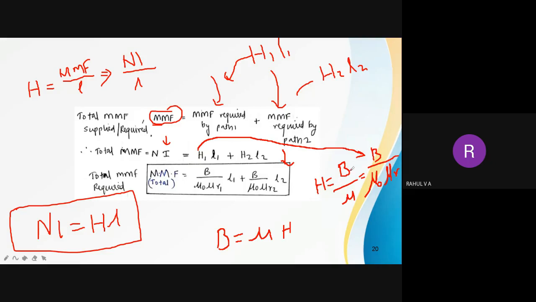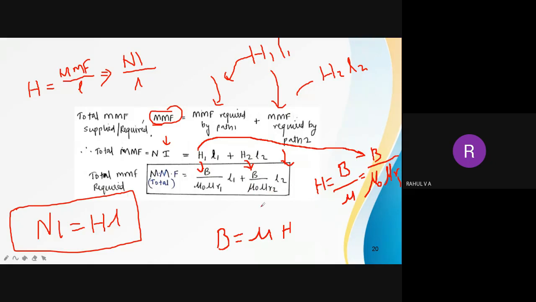So B is constant, flux is also constant. So H1 is equal to B divided by mu 0 mu R1, and H2 is equal to B divided by mu 0 mu R2. So instead of H1, I am writing B divided by mu 0 mu R1 into L1 plus B divided by mu 0 mu R2 into L2.